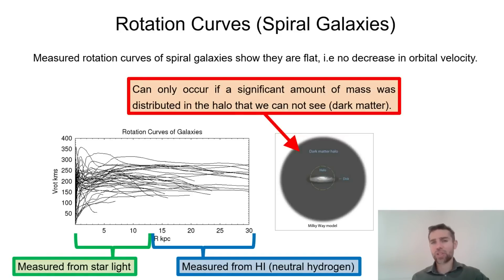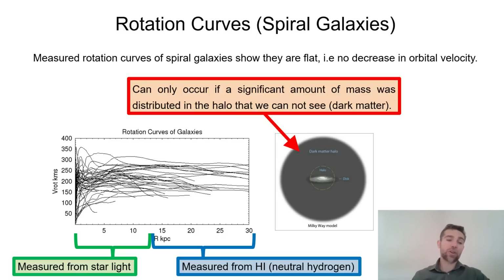So going back to the rotation curves, once we can calculate those rotation curves by mapping out the Doppler shift in the galaxy, we find that they're kind of flat. Now, they shouldn't be. If we use normal Keplerian laws, the further away that a star is from the centre of the galaxy, it should orbit slower.